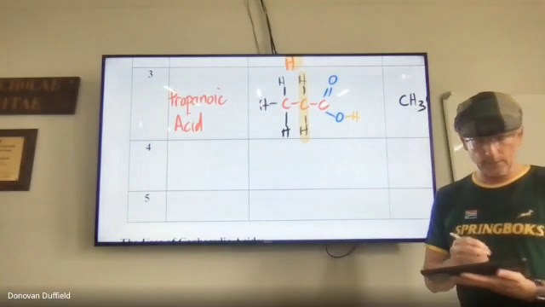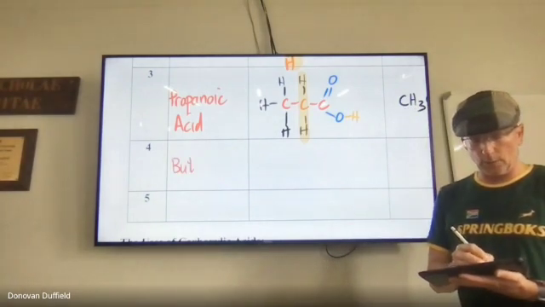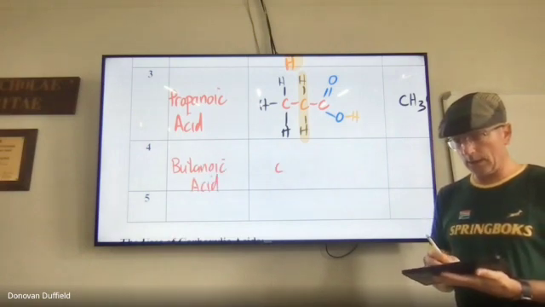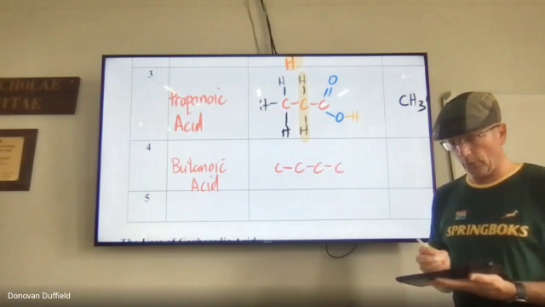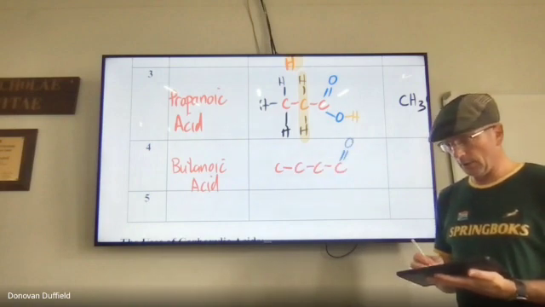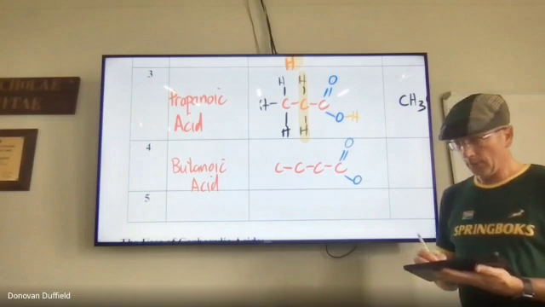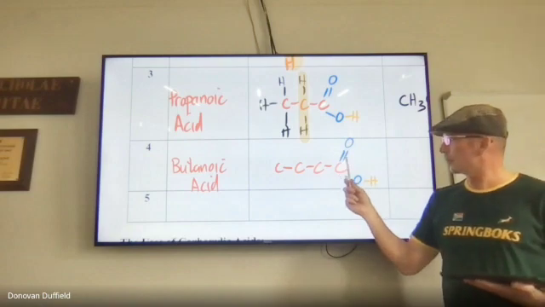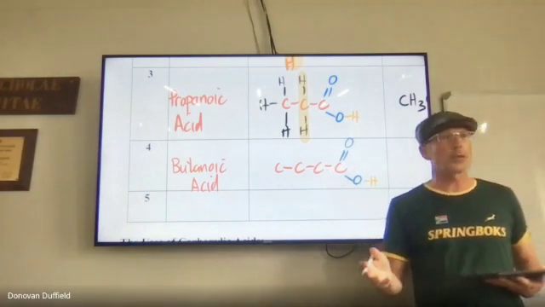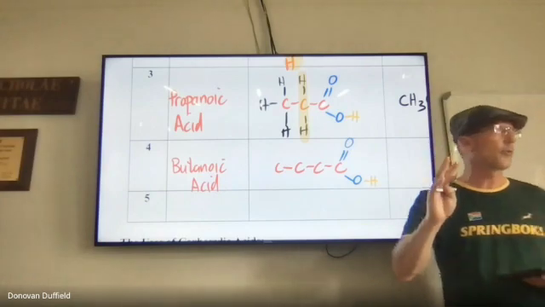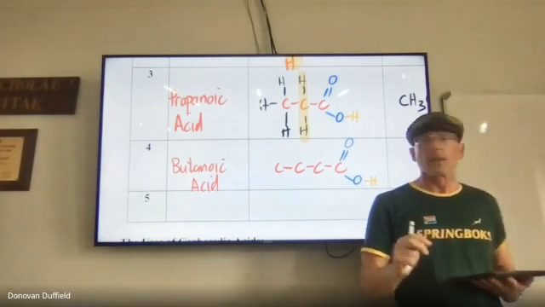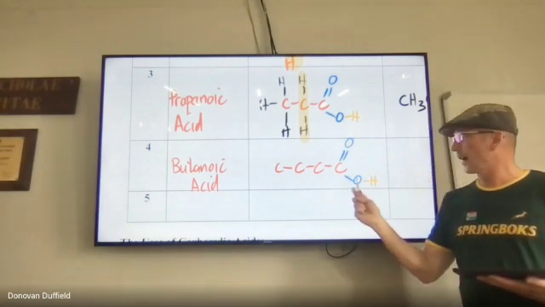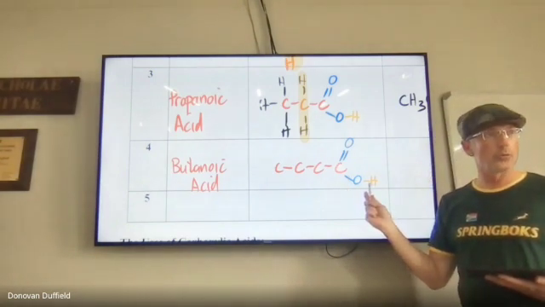What is the next organic acid in this series? Butanoic acid. This is going to be 1, 2, 3, 4, C double bond O, OH. Let's explicitly look at the number of bonds around carbon: 1, 2, 3, 4. Remember the sp3 hybridization? Carbon sits in group 4, it's got a valency of 4. Oxygen sits in group 6, so it has a valency of 2.